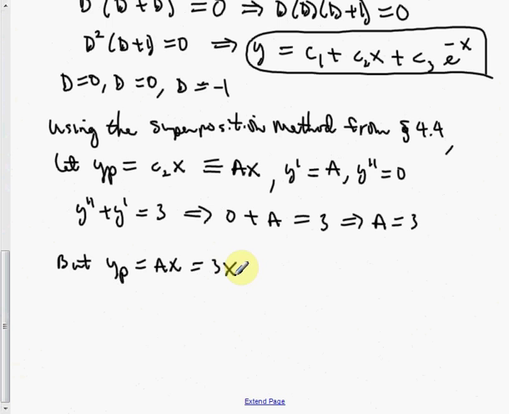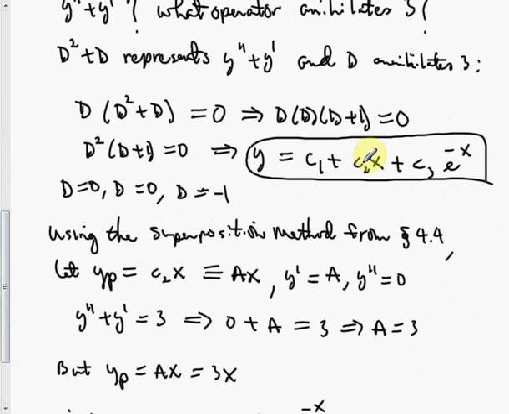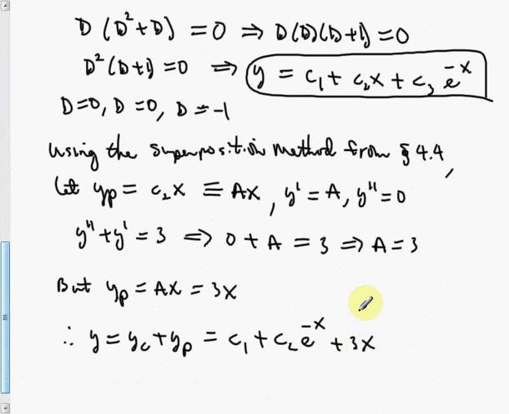That is 3x. So thus, y is equal to y sub c plus y sub p. This is c sub 1 plus c sub 2, can move that to e to the negative x. Then plus the particular solution plus the 3x. Well, that 3 was really a constant up here, but we solved for it, right? And we got a 3 there times that x.